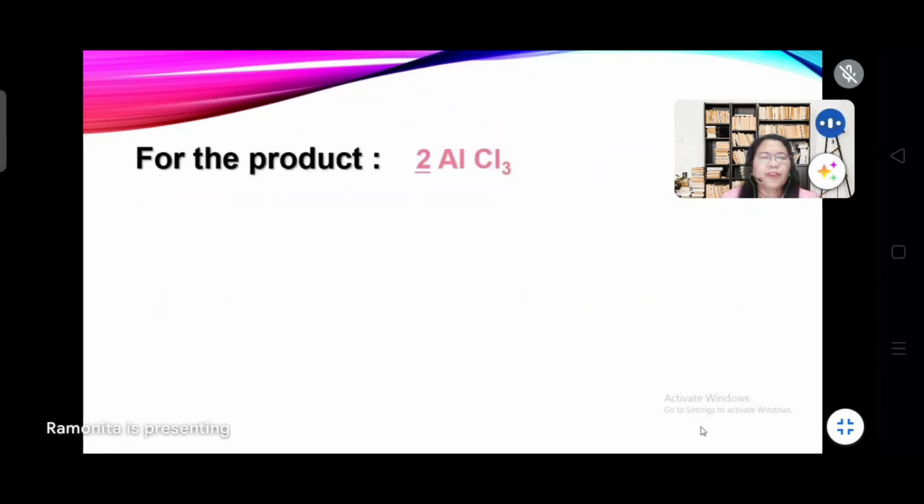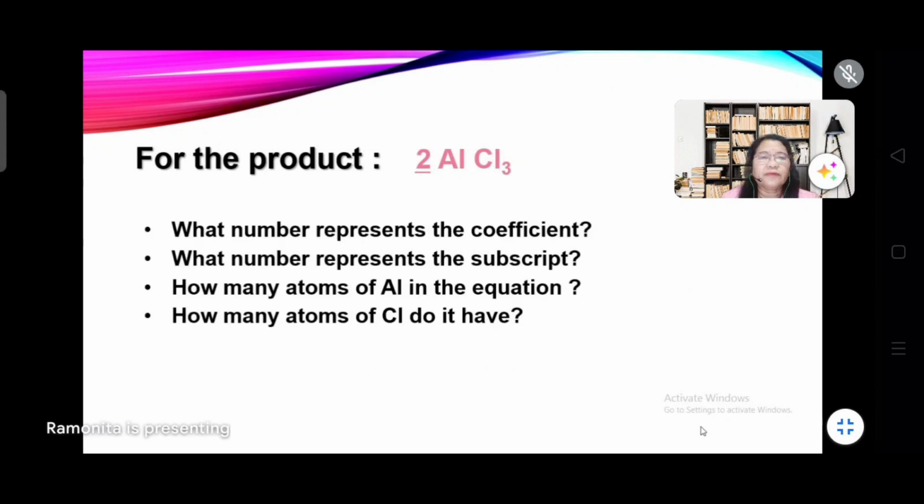For the product of 2 moles of aluminum chloride, let us try to answer the following question. What number represents the coefficient? Okay, very good. It is 2.